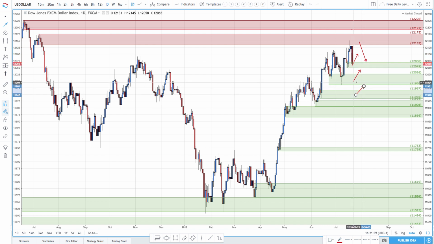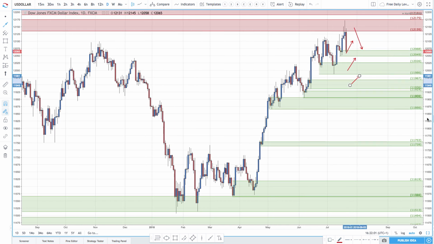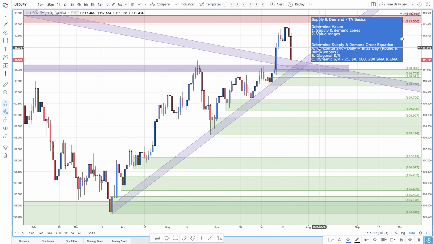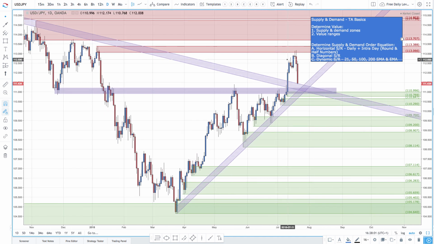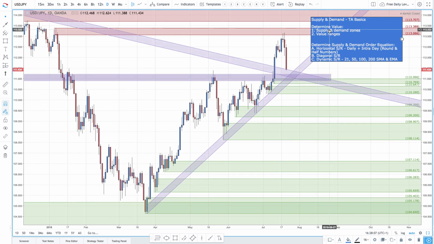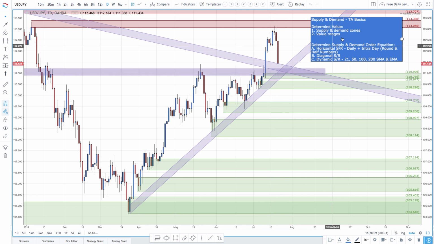Looking to buy the dollar, these are the areas. So going on to the dollar yen. For those of you who are familiar with the supply and demand technical analysis basics that I go over every week, this is just a process of what I look for when it comes to levels, and it keeps me on the right side of the market potentially from a technical analysis perspective.